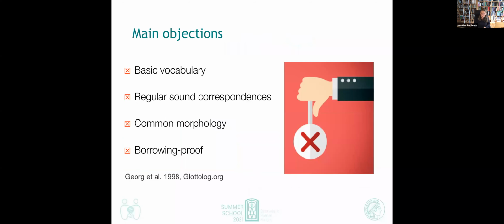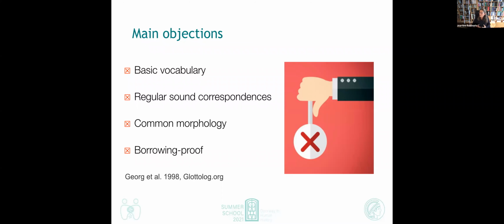The main objections raised against the genealogical relatedness of these languages are first that there is no basic vocabulary in common, that there are no regular sound correspondences, no common morphology, and that similarities are not borrowing-proof. That means that they can better be explained by borrowing than by going back to a common ancestor by inheritance.